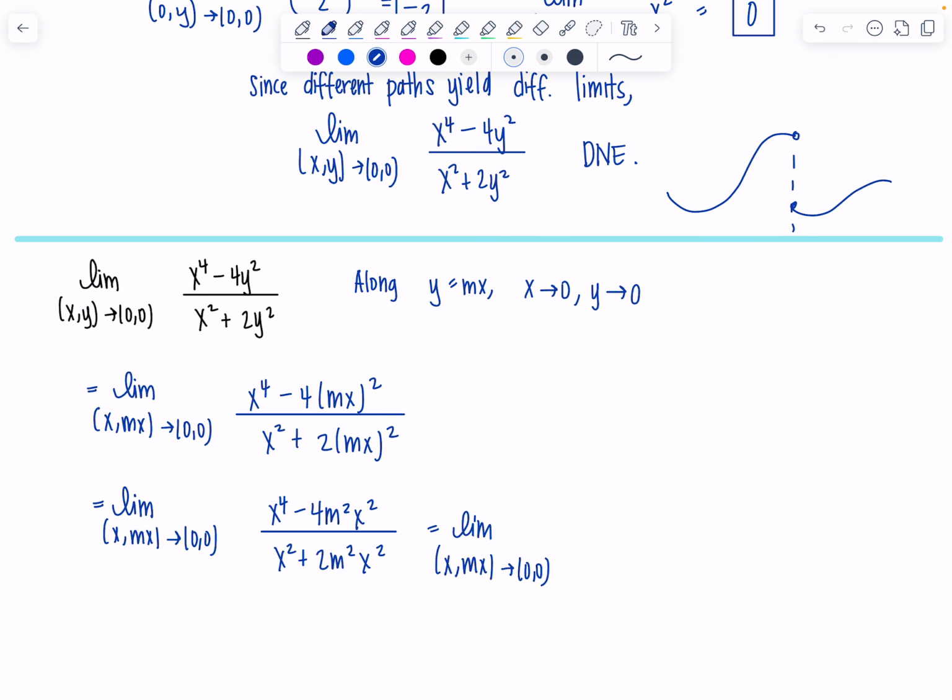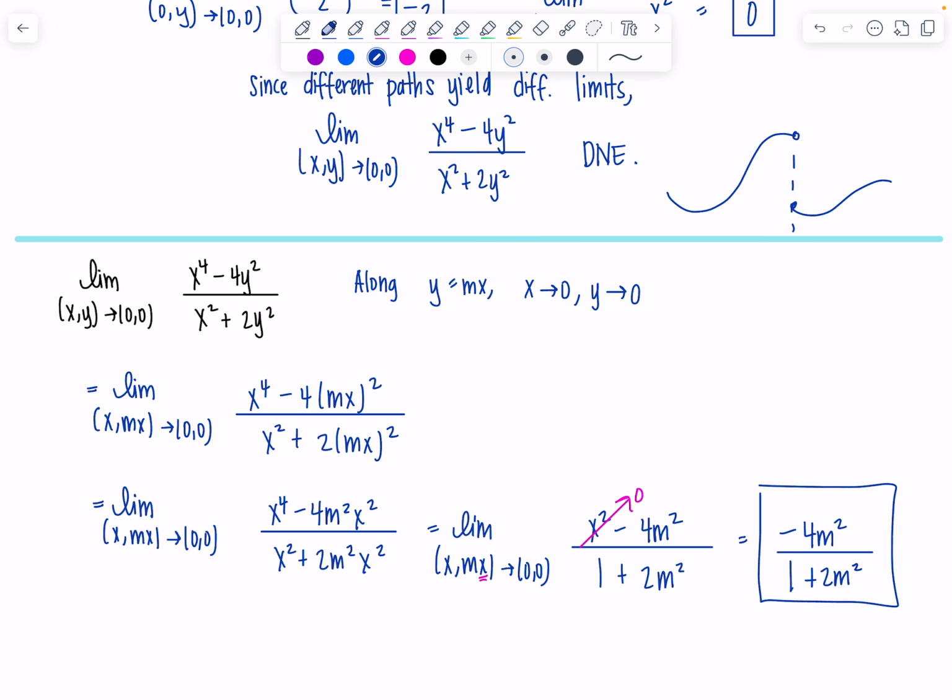Okay, so then we're going to have x squared minus 4m squared over 1 plus 2m squared. Perfect. Now, x is going to 0, so this x squared is going to 0. That's all I can do. So I'm left with, these are constants now, negative 4m squared over 1 plus 2m squared.